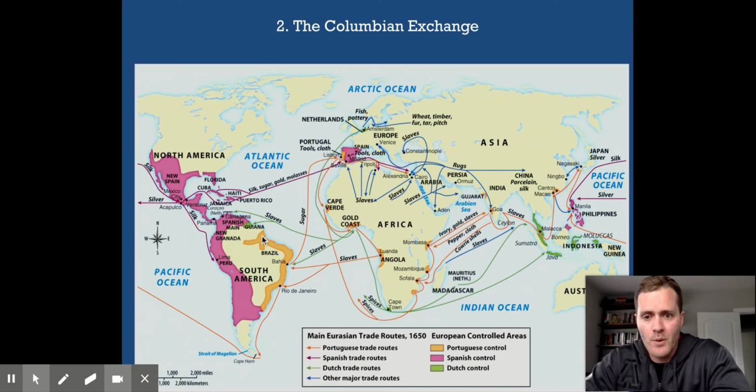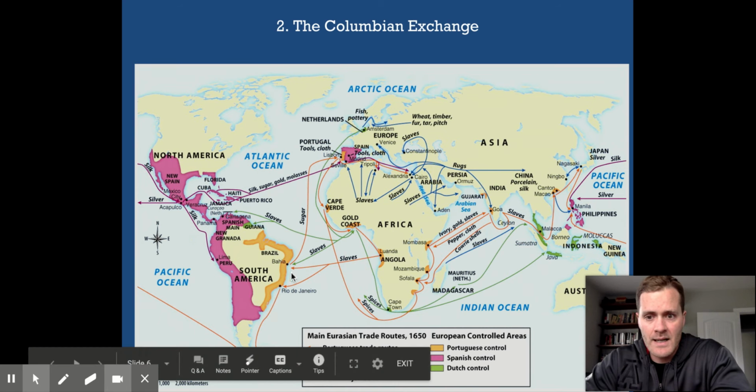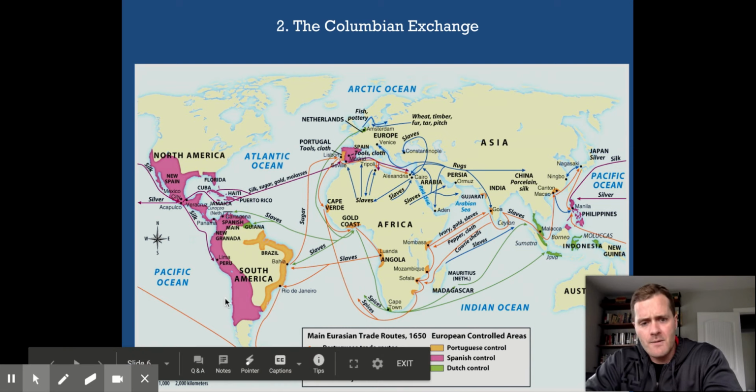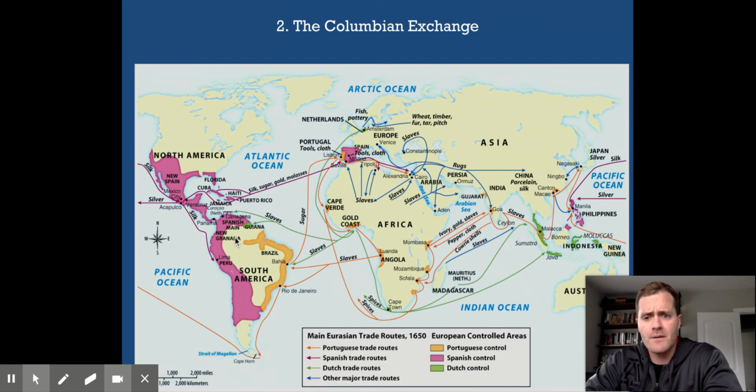We see the Portuguese influence really existing on the eastern coast of South America and what we now know as Brazil, whereas the Spanish influence, sphere of influence, is going to be more so on the western and northern parts of South America, as well as all of Central America and what we now know as Mexico and the southern United States, as well as Florida.